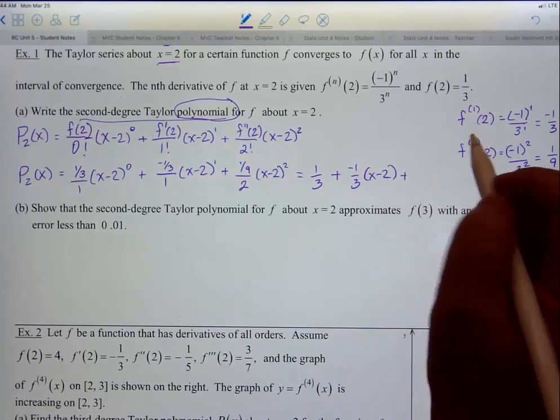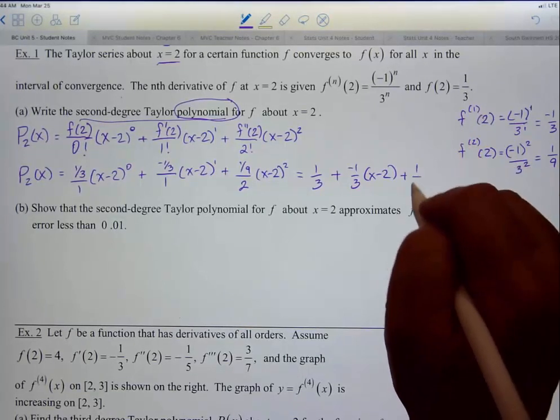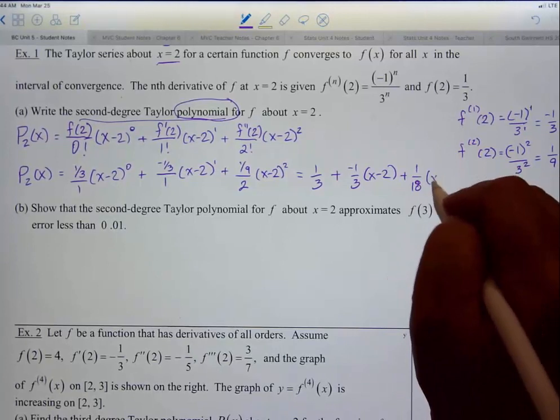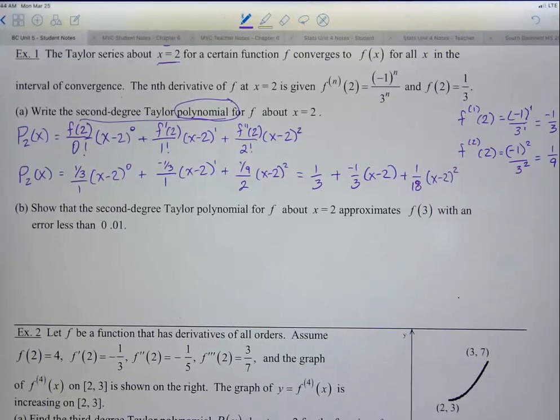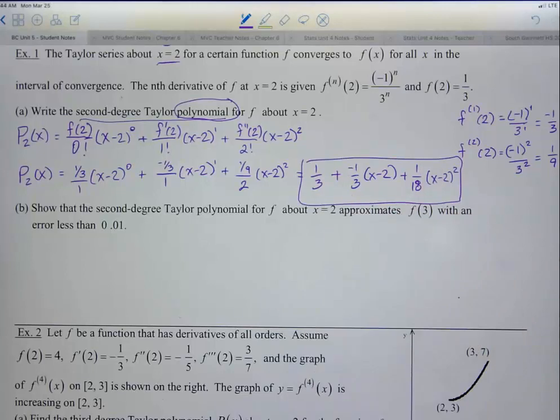Plus, what's 1/9 divided by 2? 1/18 times (x minus 2) squared. That is done. You just earned points on the test right there. And a lot of the problems have you do that first thing. Build the Taylor polynomial. Okay?